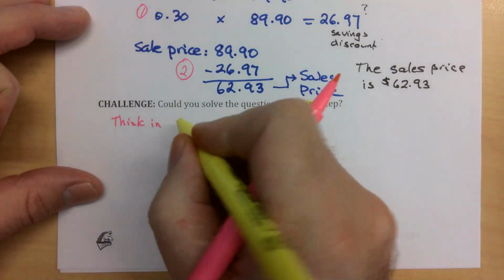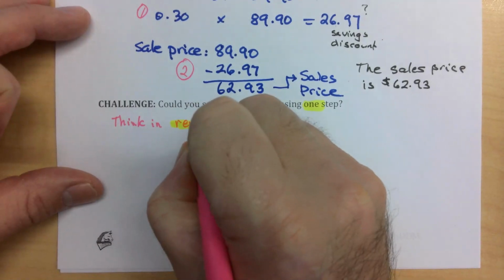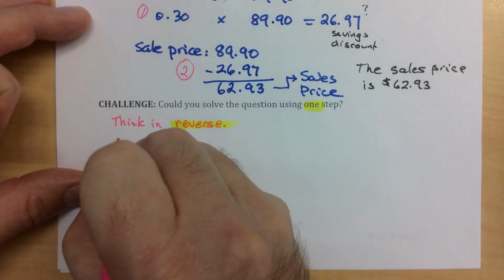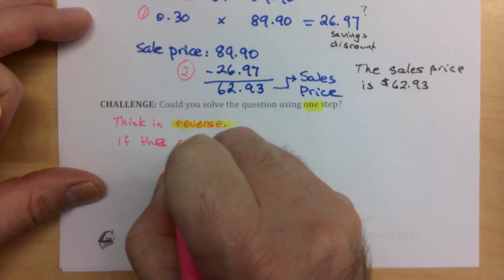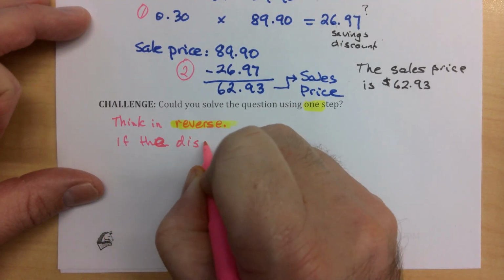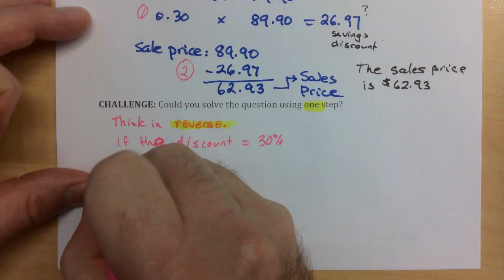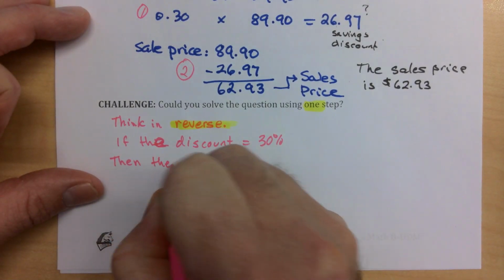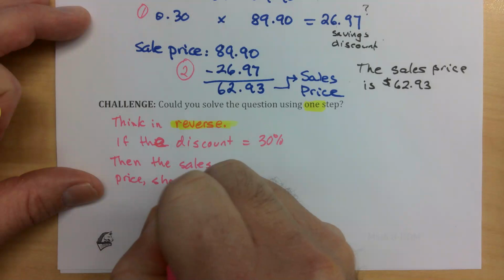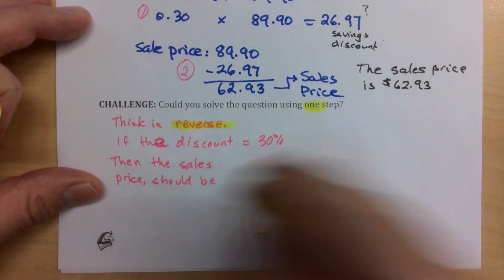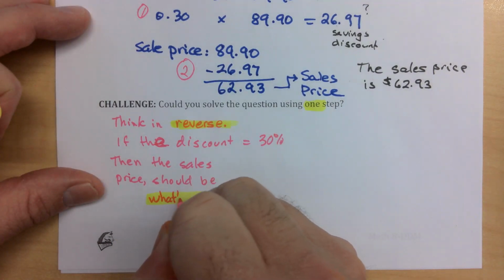In other words, if the discount equals 30%, then the sales price should be what's left over.